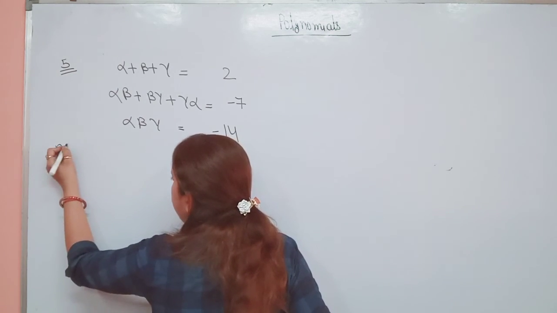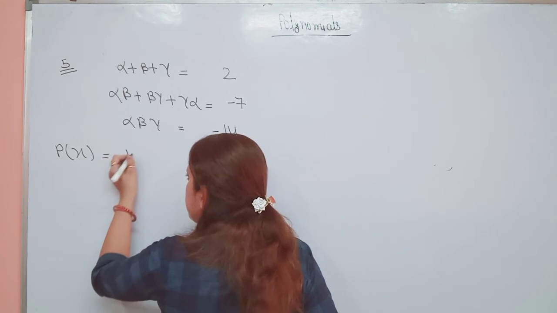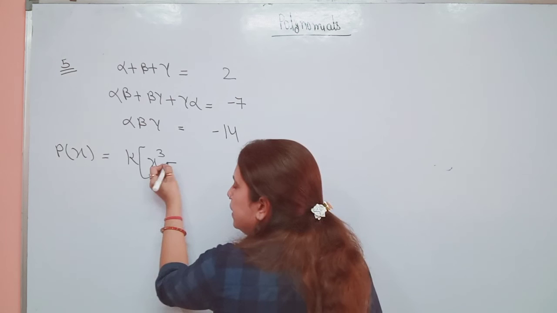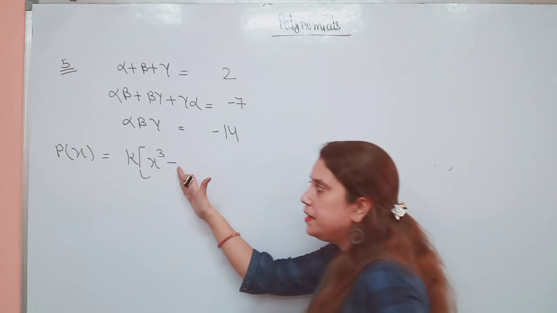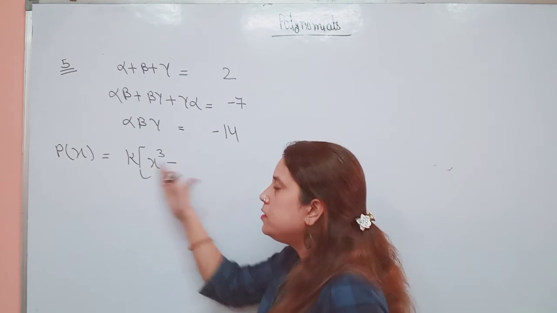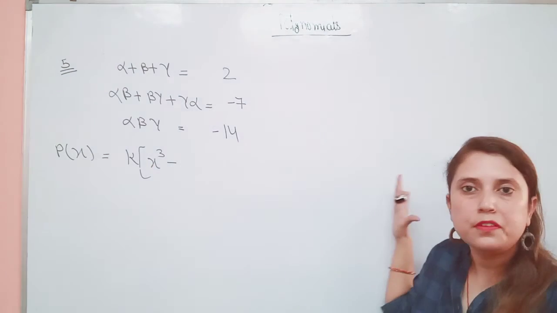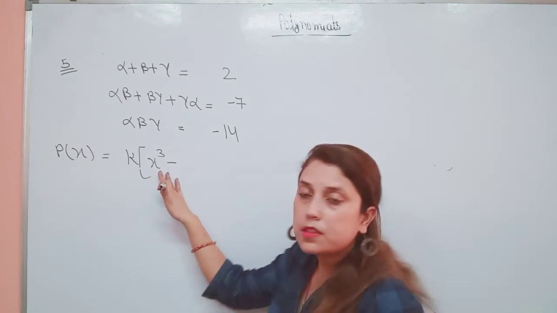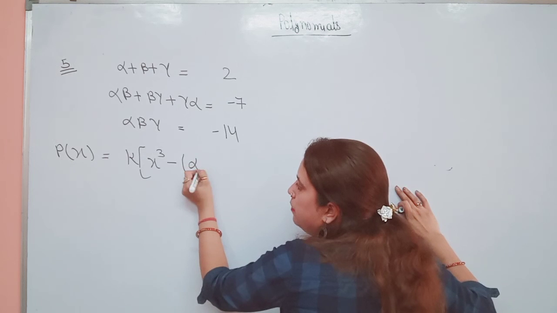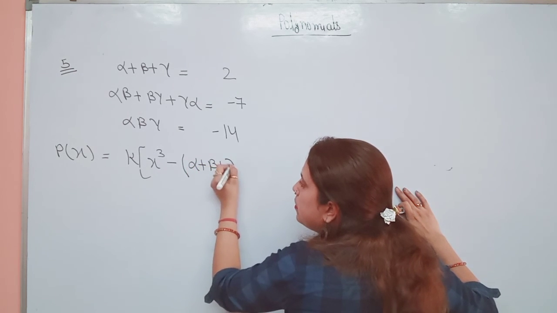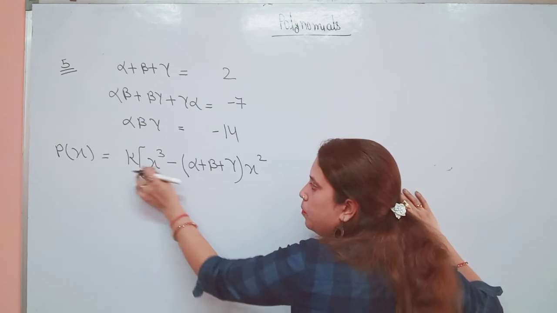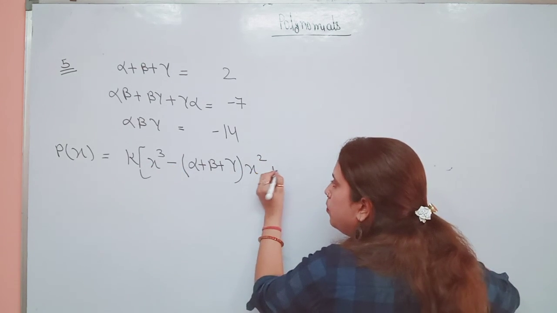If it is cubic, the same formula, we will start from cube, x cube. First term positive, then negative, positive, negative. Remember the sequence: positive, negative, positive, negative. First term is positive, then negative sum of zeros, alpha plus beta plus gamma, one degree less, x square, positive, negative, then positive.